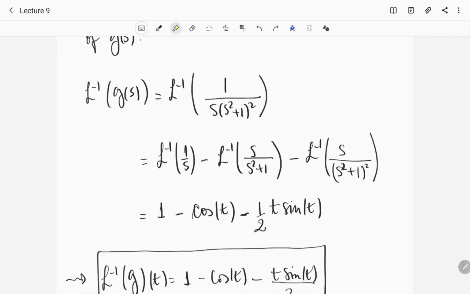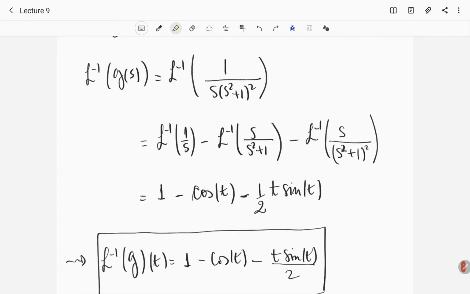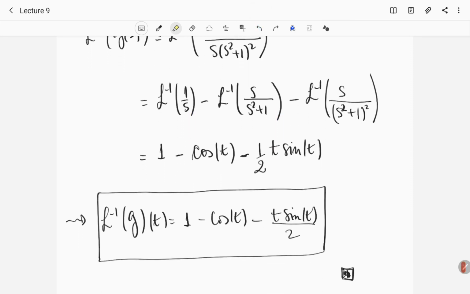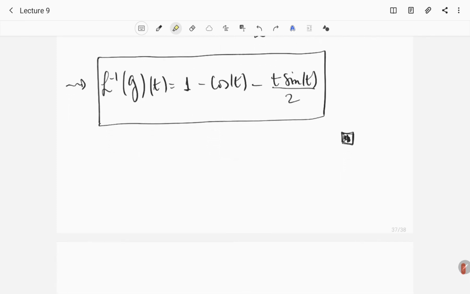Third step, third identity here, we use well-known Laplace transforms in the first 2 terms, and here we have to work a little bit more, and we use the property of powers of t going into derivatives, and that's how we found this inverse Laplace transform of the function g.